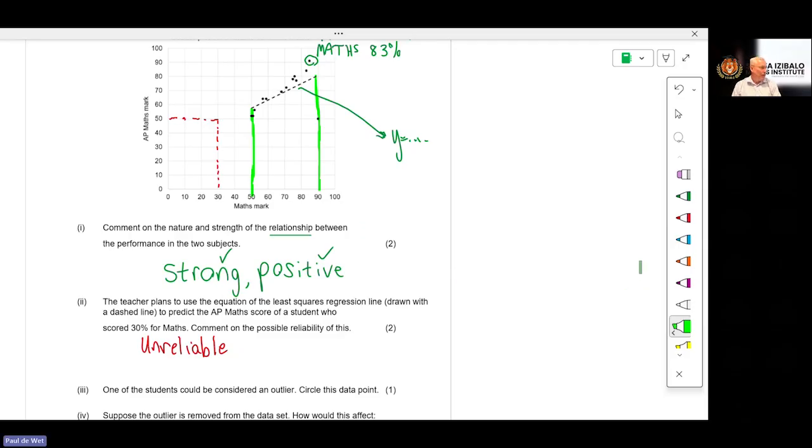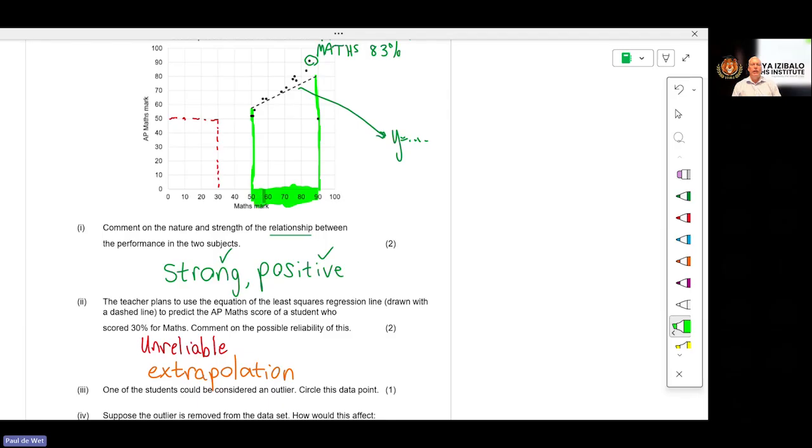It is unreliable because this is called extrapolation. Well done. This is our data over here, in between here and here.